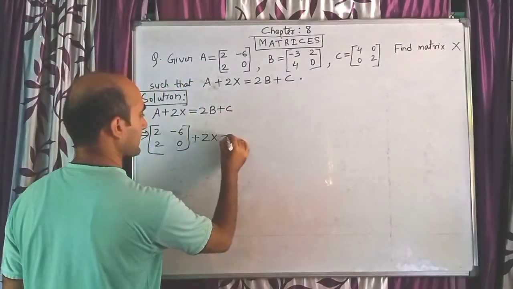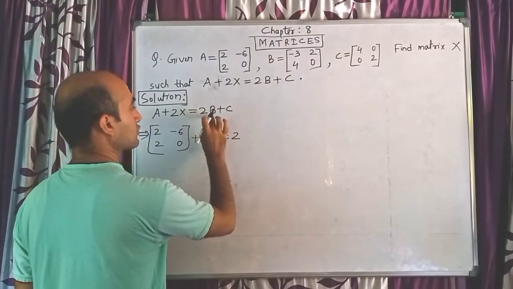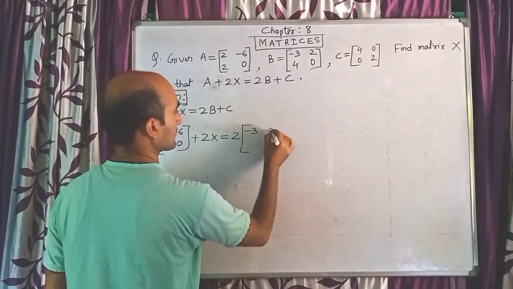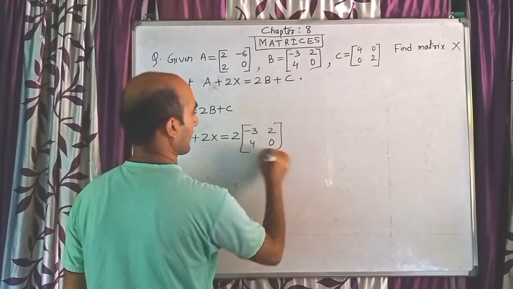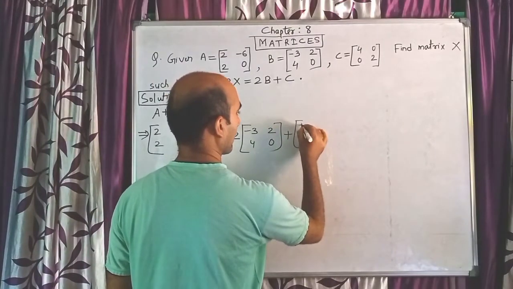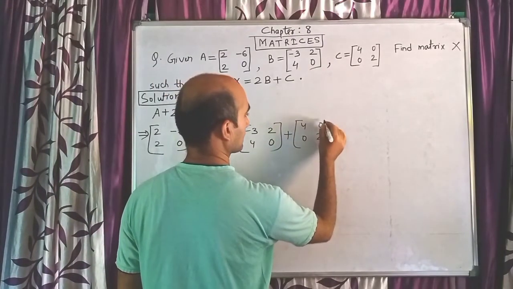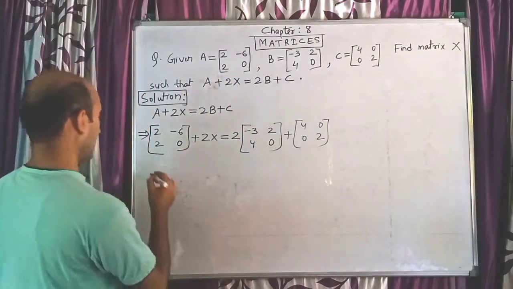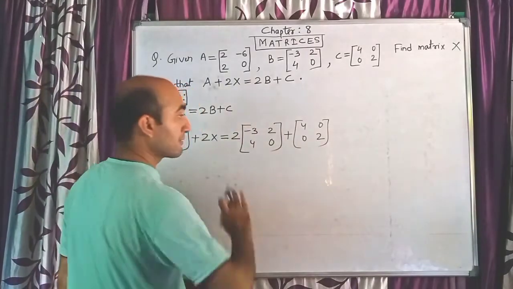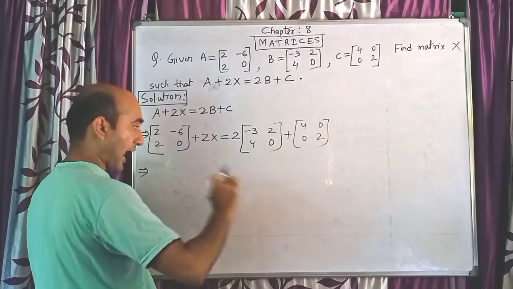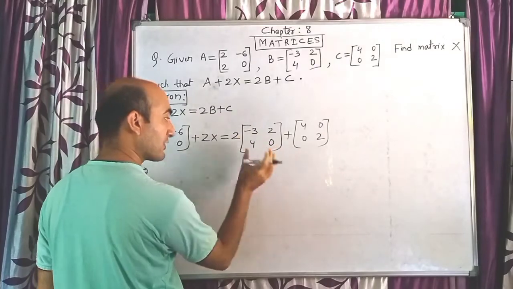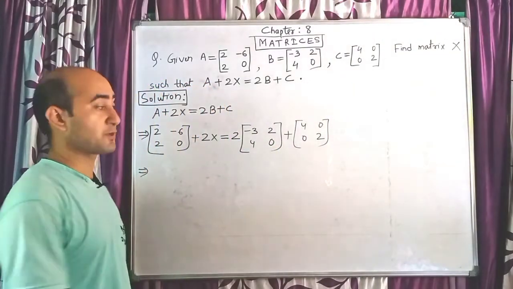We have to find the value of X. Then 2 into B, where B is -3, 2, 4, 0, plus C, where C is 4, 0, 0, 2. Now, as we have to find X, this matrix will go to that side, but before that, on the right hand side, first I will multiply this 2 with the interior numbers, and then I will add these 2 matrices because there is addition here.